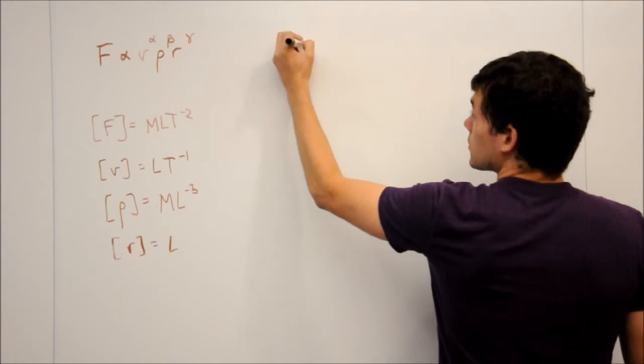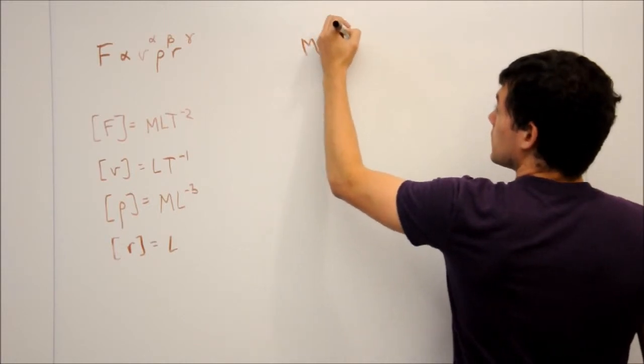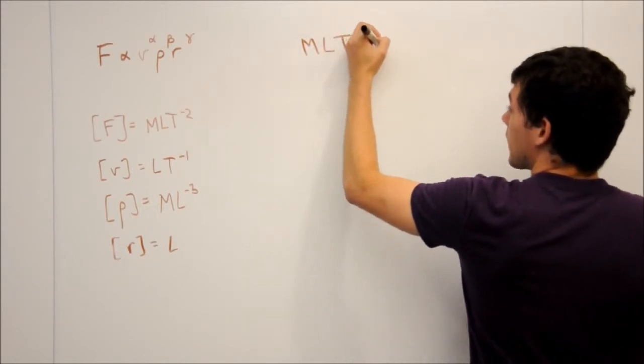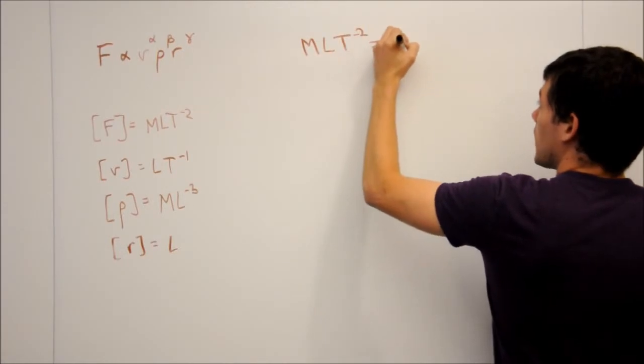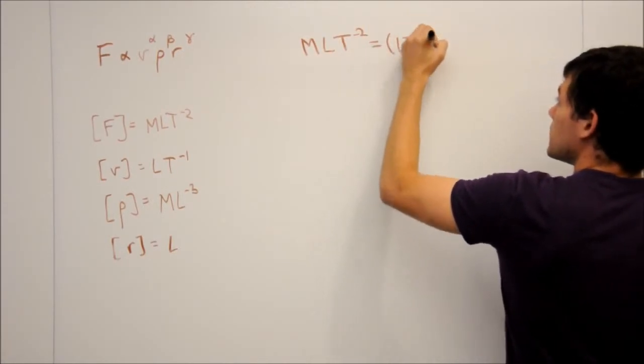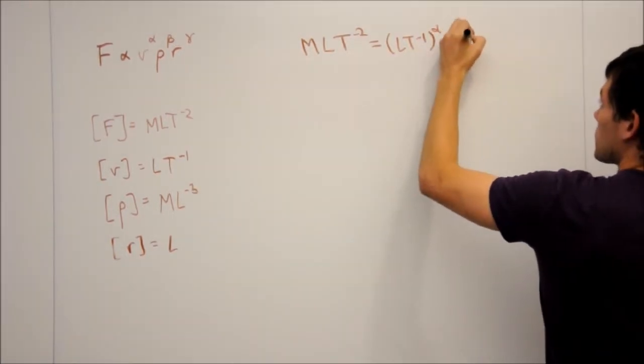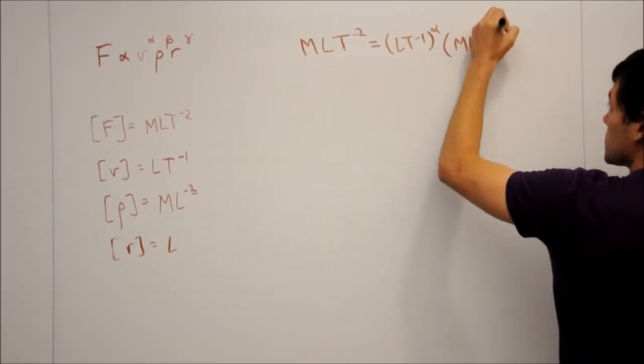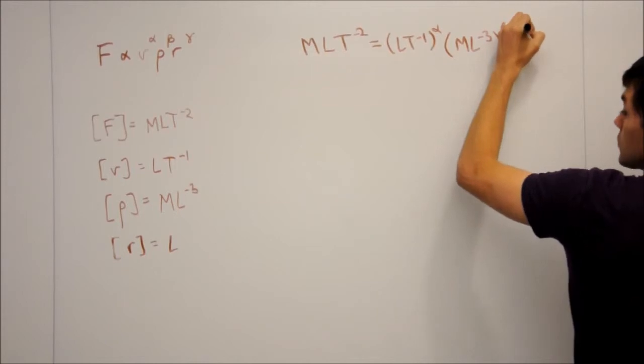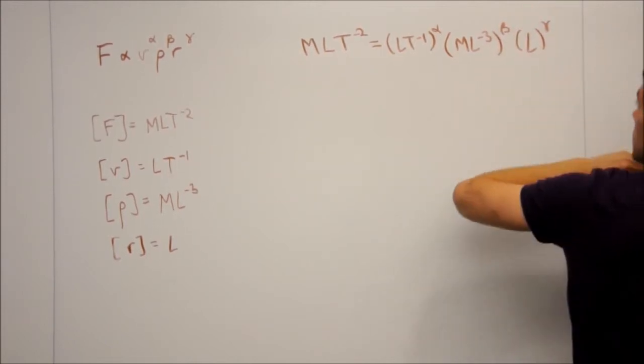So the dimensions of force, M L T to the -2, have to equal L T to the -1 raised to the alpha, times mass per volume raised to the beta, times length raised to the gamma.